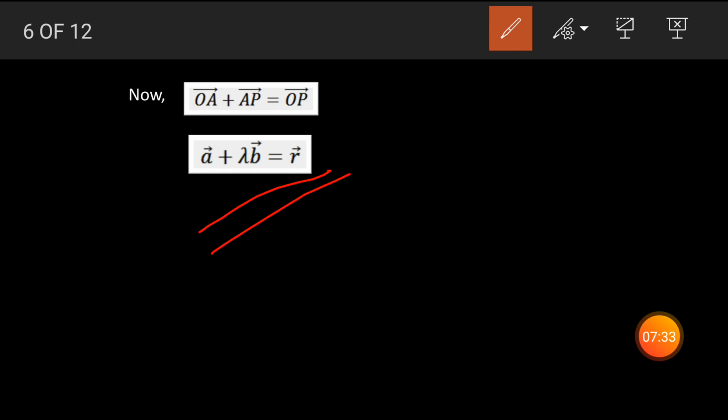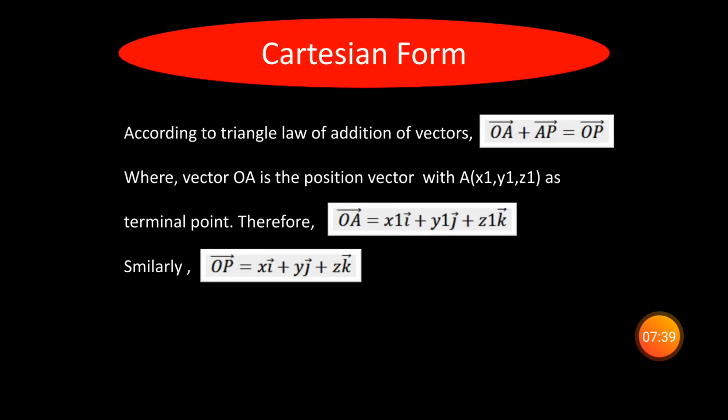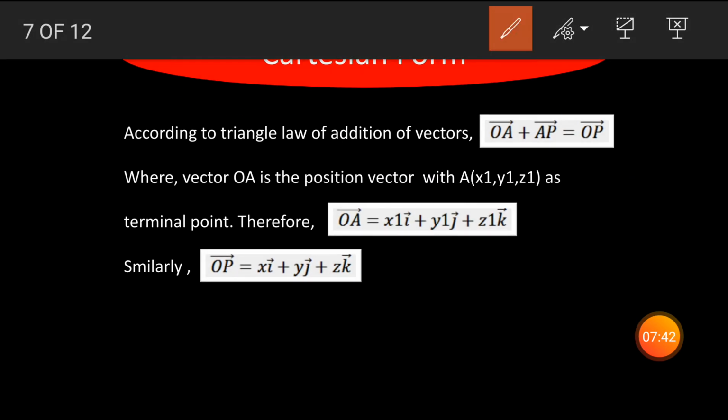Now, to write the Cartesian form is very easy. How to write the Cartesian form? You can see here. Already we have discussed that we get this result from the triangle law of addition. Now, OA vector: the coordinates of point A are x1, y1, z1.